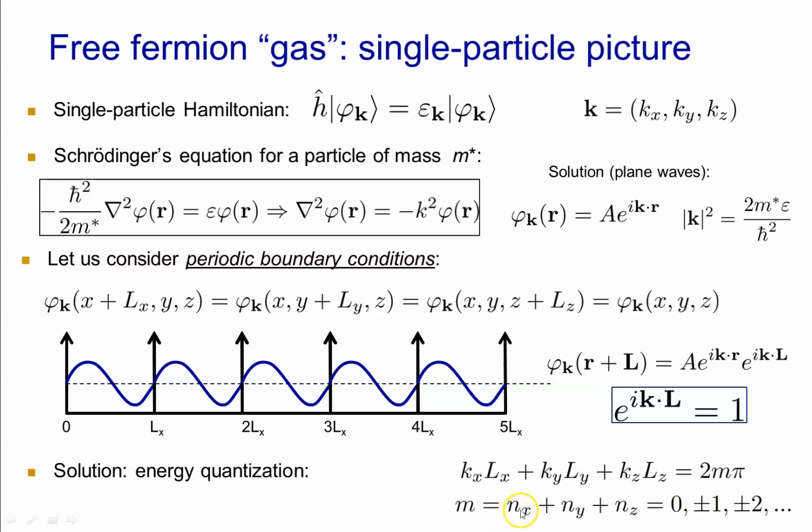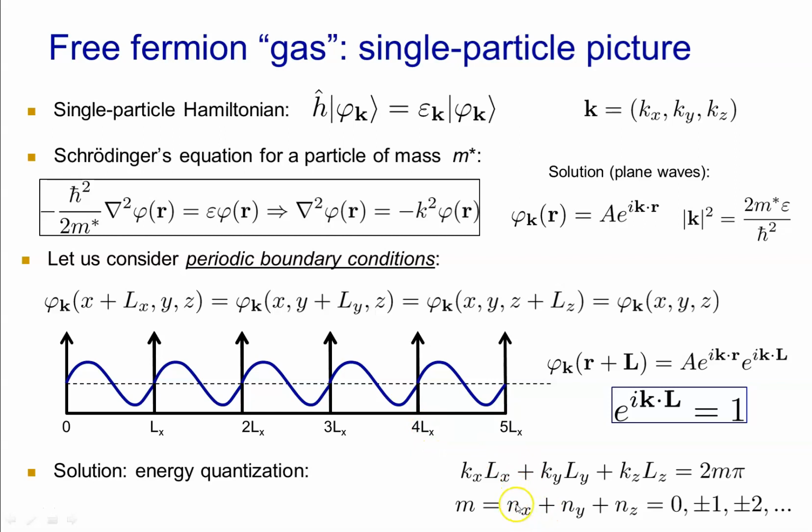This m will be a sum of 3 integers, right? Because this has to happen not globally, but for each individual k, right? Because we're forcing these periodic boundary conditions on all 3 directions independently. So this m is going to be a sum of 3 other integers, and the sum has to be, of course, an integer. So these are 3 indices that will be related to k. All right?